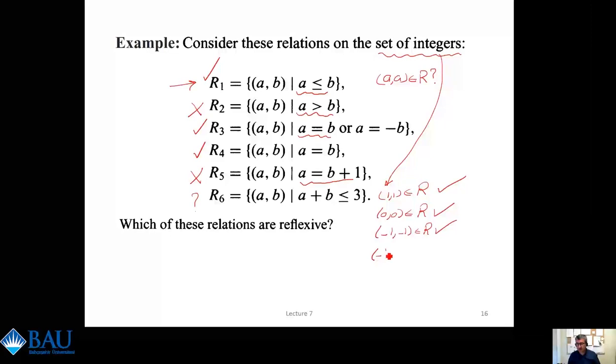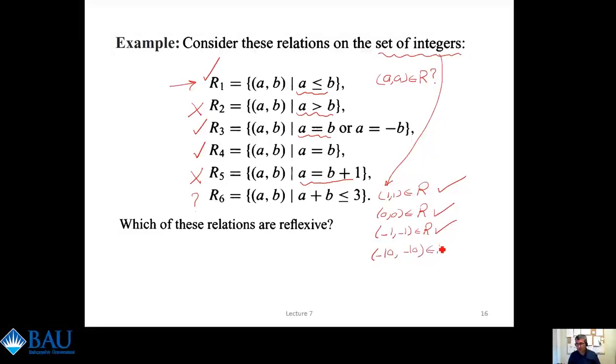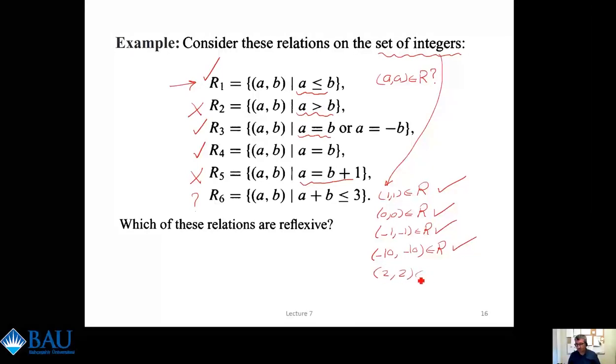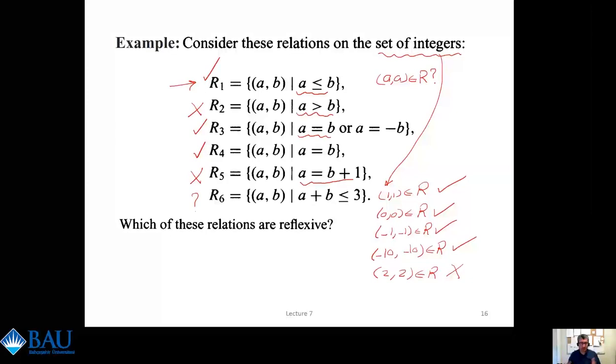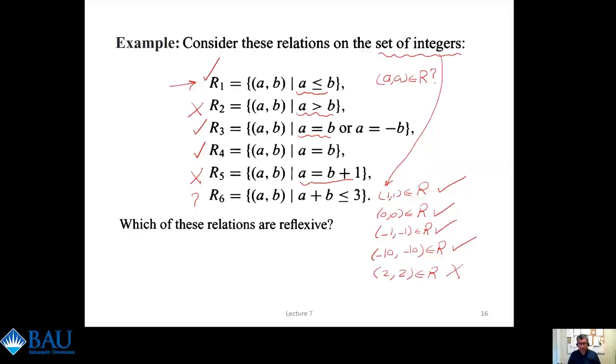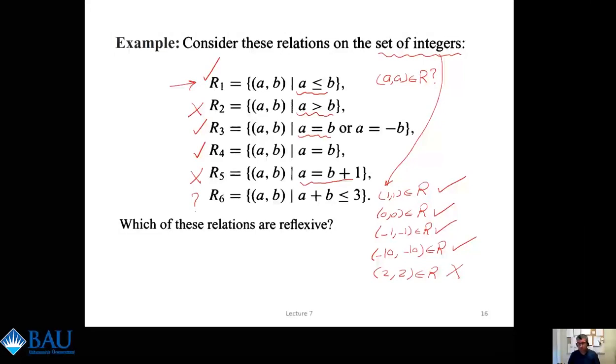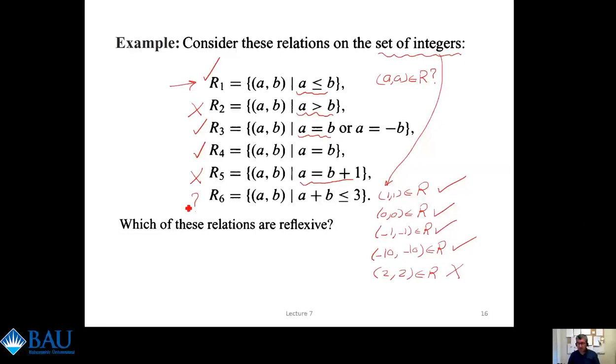Minus 10, minus 10. Yes, we have them. But that doesn't mean it is reflexive because, for example, we do not have 2, 2. Since we don't have 2, 2, we stop and say that this is not reflexive. Maybe we also do not have 5, 5, but since you found one element which is not related to itself, this is not reflexive. So R6 is not.